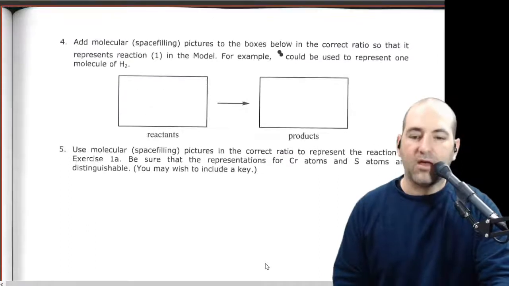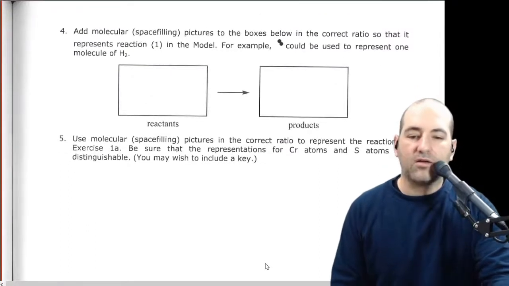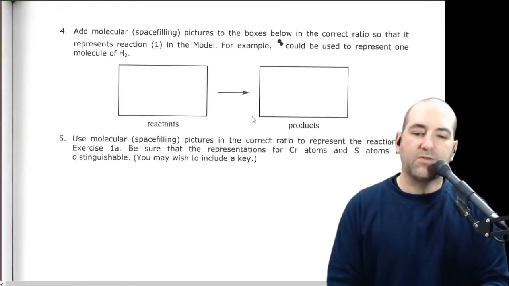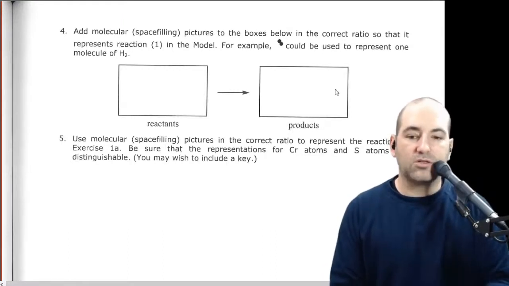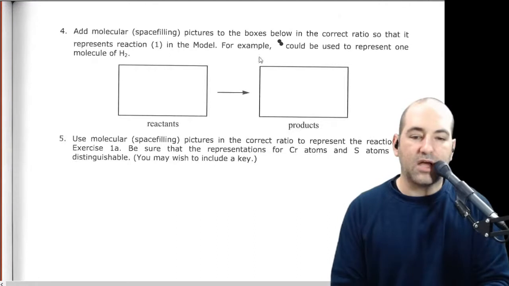And then the next part is space filling models. So space filling models are ways of visually representing whatever you're trying to put in. So for example, you just use blobs.